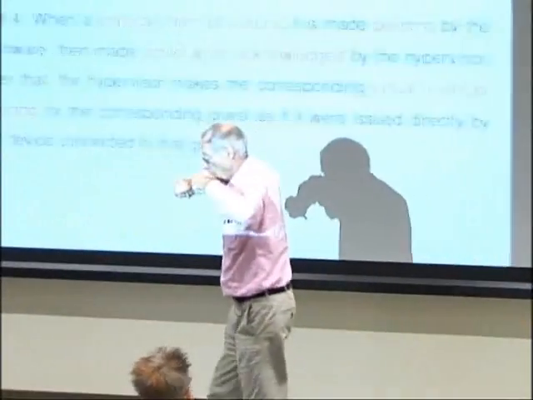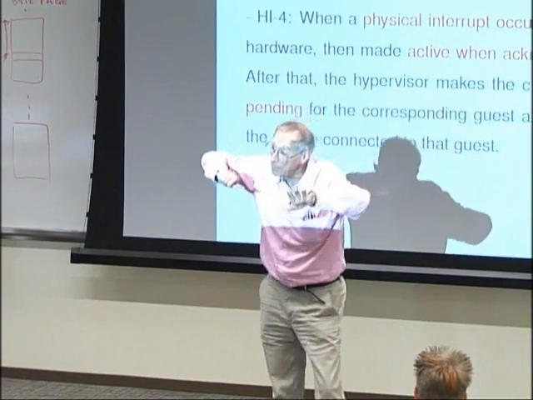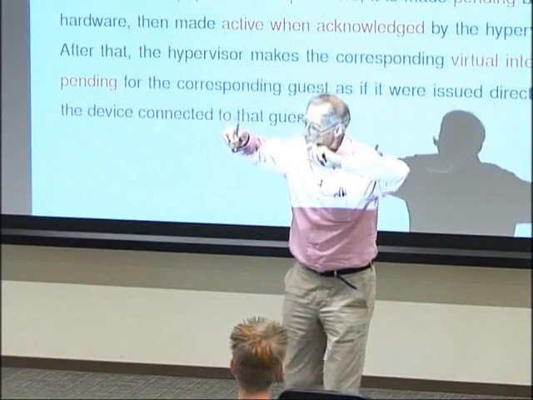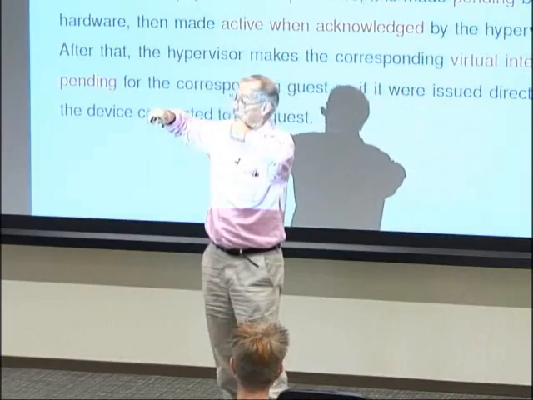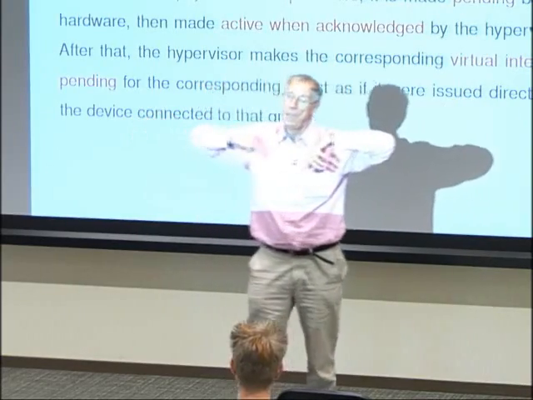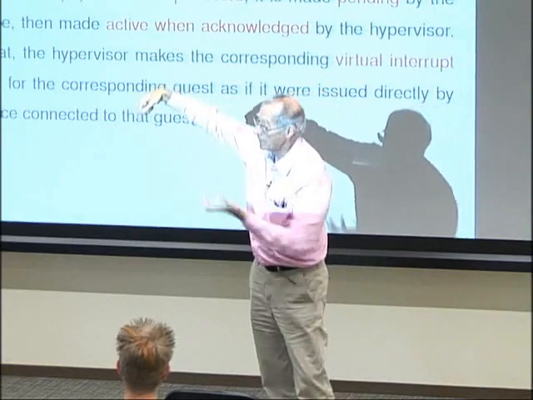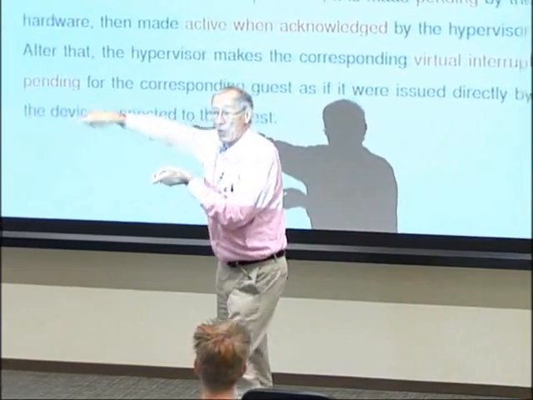The hardware puts that interrupt as pending, and then the interrupt service routine of the hypervisor takes control and acknowledges the interrupt, and then the interrupt is made active by the hardware. So now the physical interrupt is active, but the virtual interrupt is still inactive.